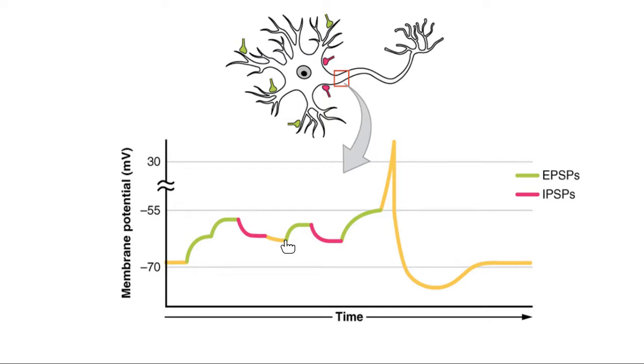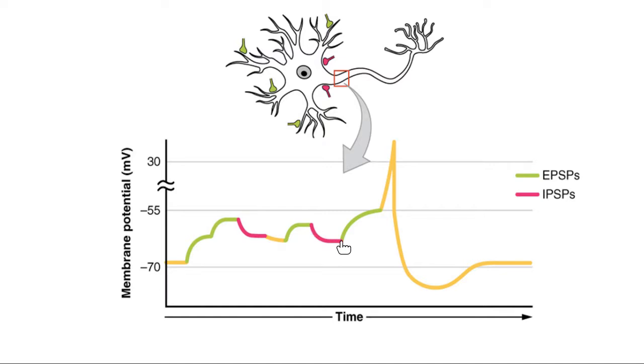Oh, here comes another message that opened up a sodium channel. In comes some sodium, and my membrane charge got more positive. I'm getting more excited, but I'm still not to threshold. I'm still not to the point where I know that I should talk to my neighbor. And then I get another message that makes me feel sad. So I open up those potassium channels, and I'm more negative again.